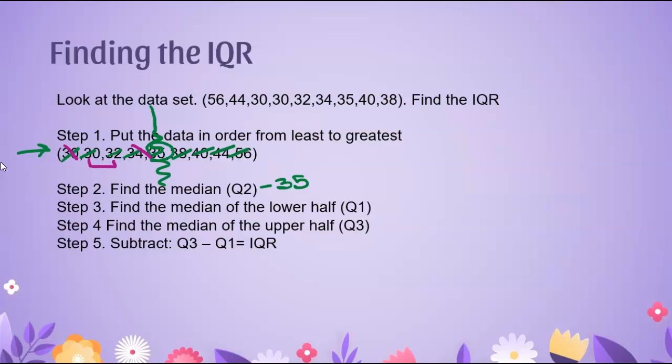But if you don't realize that, you can add the two numbers together. 30 plus 32 is 62. Divide that by 2, you get 31. So we know 31 is right here in the middle. And that's our Q1. That's the median of the lower half. It's 31. So if we can put a right there.